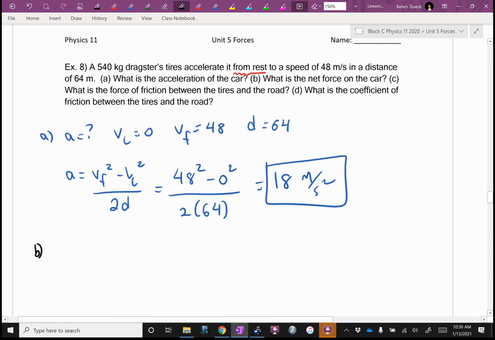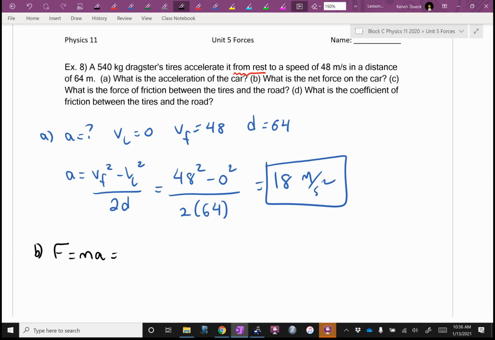B. Shay, what does B want me to find? The what force? F equals ma. On your green sheet, I wrote F net equals ma as the formula, did I not? That's what I'm saying.